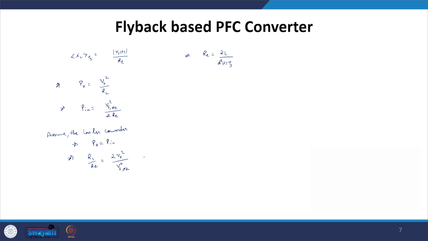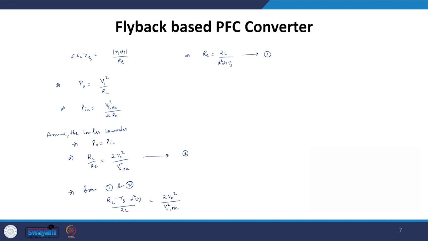Let us define this as equation number 1, and we already know from here, let's say this is equation number 1 and this is equation number 2. That's when we can see from 1 and 2, RE, I can write down as RL times Ts into d square t divided by 2L, which is nothing but 2 V naught square by Vs peak square.